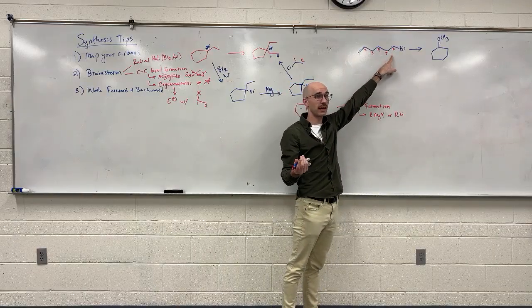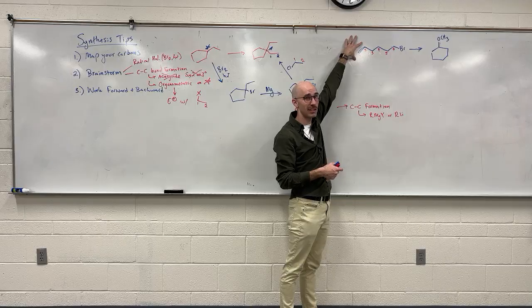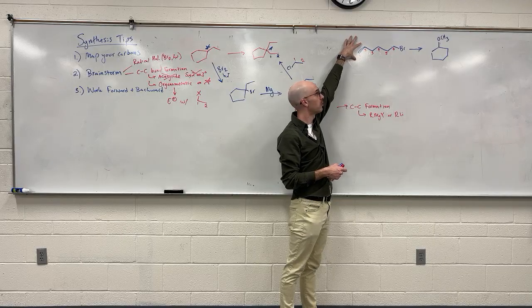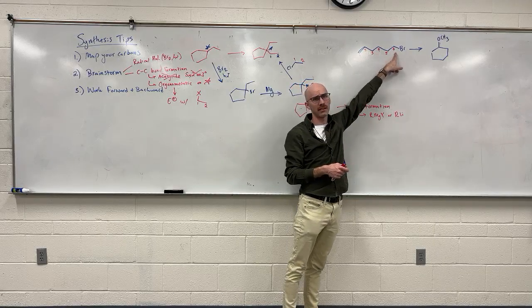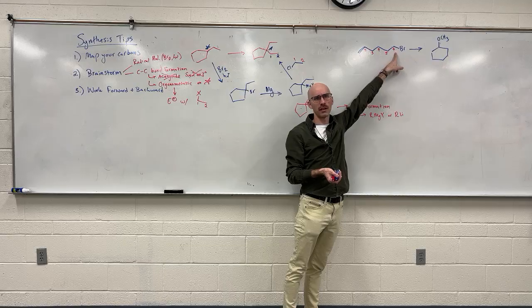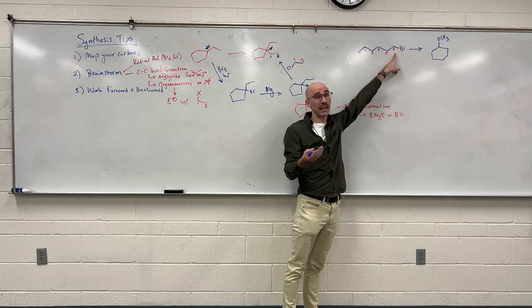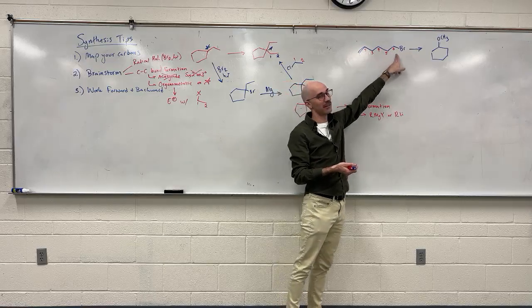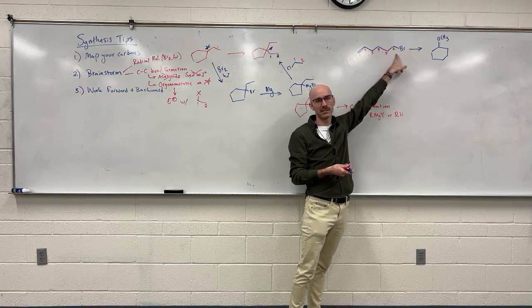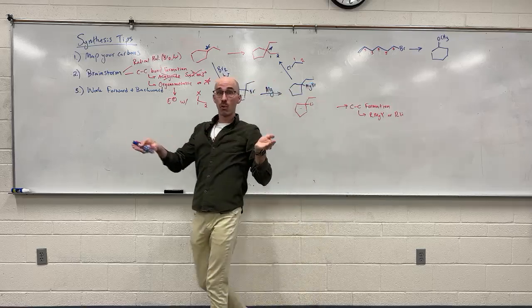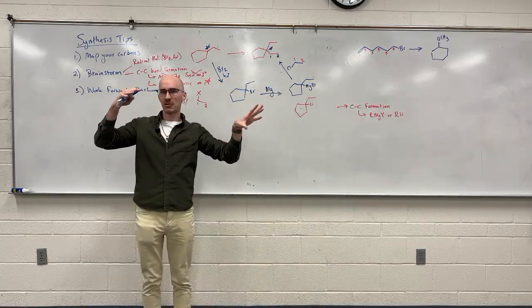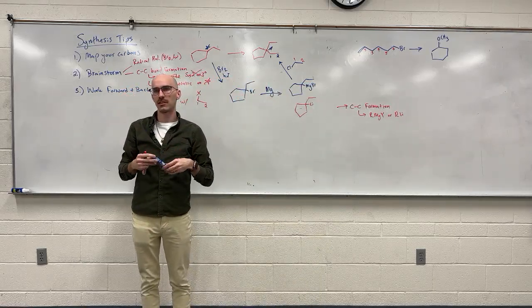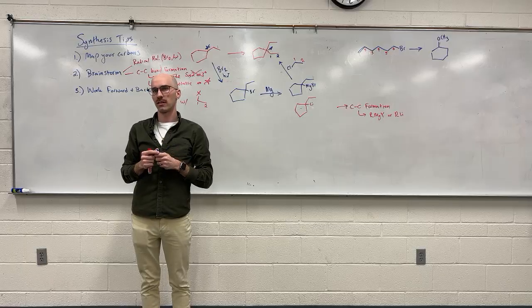I think the only issue there is when I start doing the elimination on the dihalide, what's going to stop this halide from also going through an elimination and forming an alkene? I wouldn't actually be able to control the fact that this dihalide goes through elimination, but this halide doesn't. So that would work if I could control the reactivity of the eliminations. But I don't think I can control it.